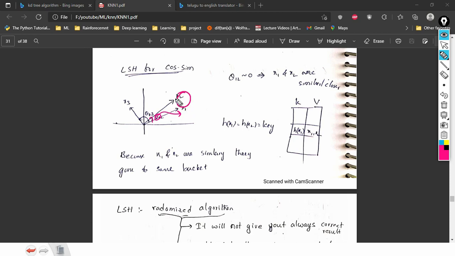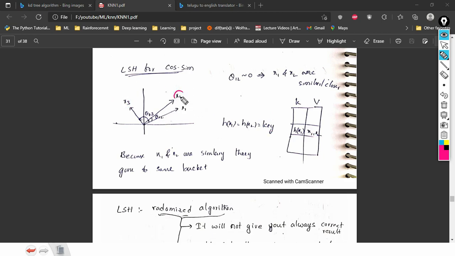Very close points, when sent to the hash function h, will get the same key. That means x1 and x2 will be sent to the same bucket. Similarly, x3 will go to another bucket.